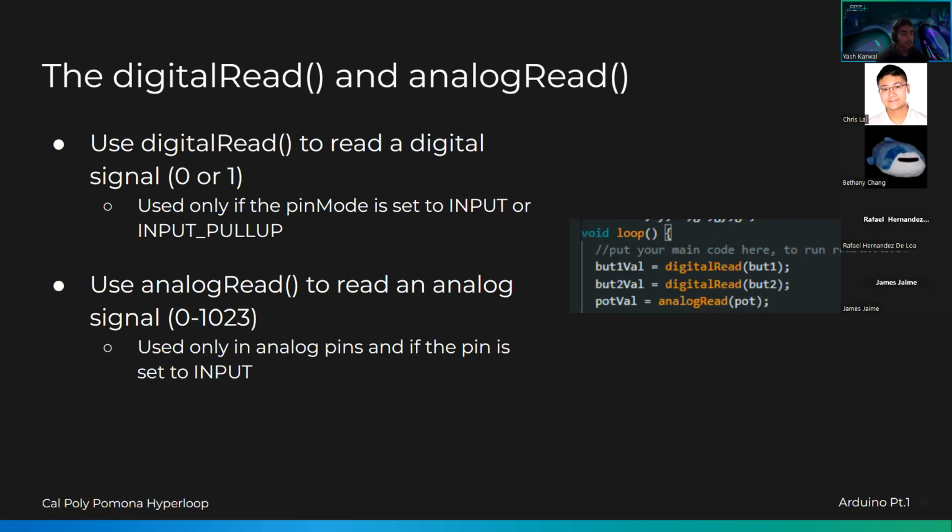But certain things like a magnetic Hall sensor, which detects whether there's a presence of a magnet or not, actually output a low instead of a high. They output 0 volts when there's a magnet around them. So that's when you're going to use input pull-up.